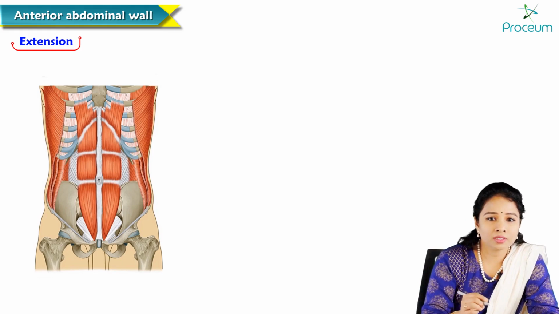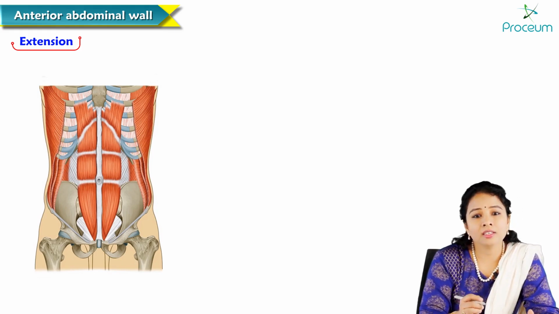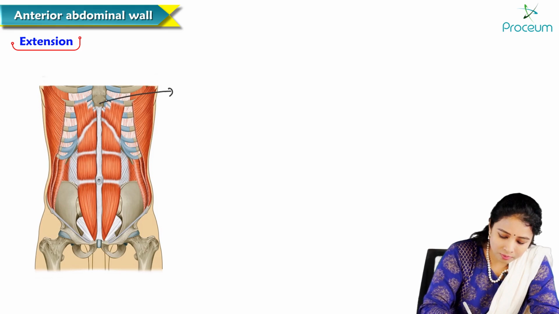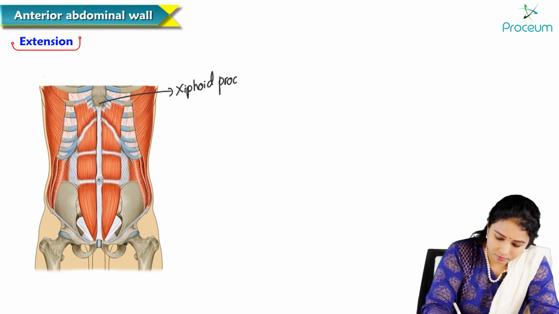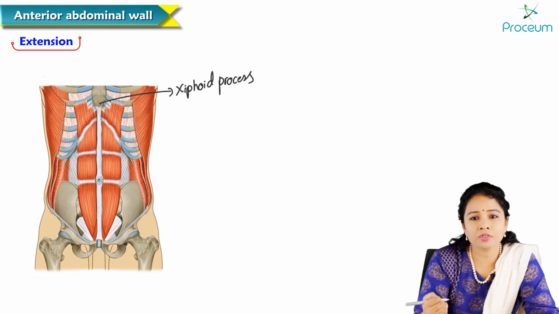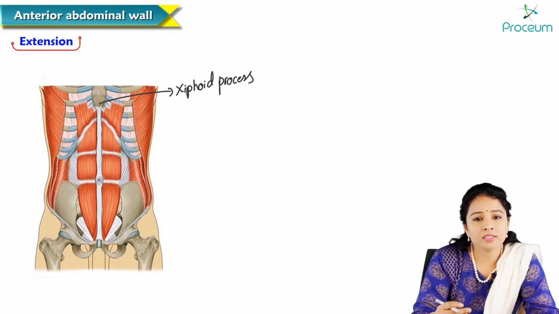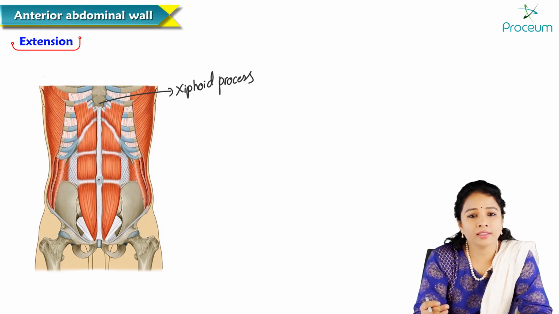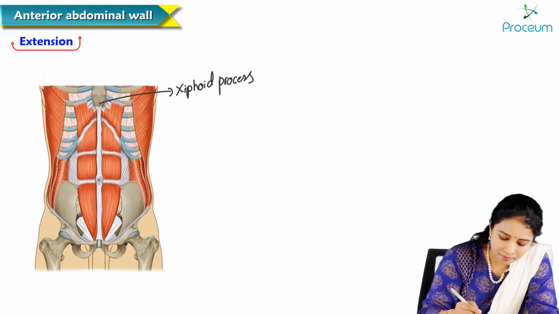So let's see first the superior extent. It extends from the xiphoid process. So this is the xiphoid process, which is the lower end of sternum, and on each side it extends superiorly up till the costal margins of 7th, 8th, 9th and 10th ribs.